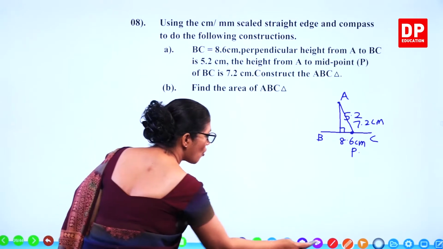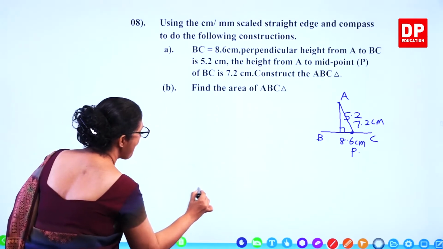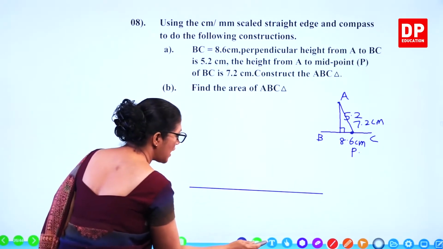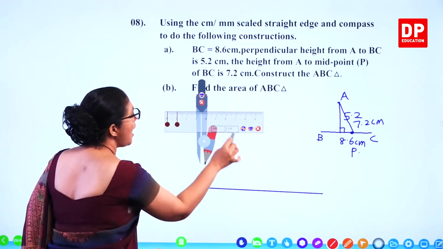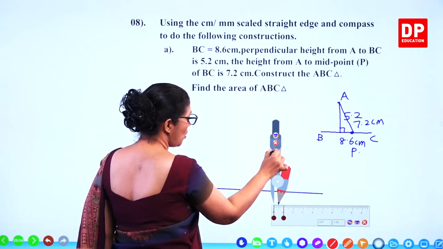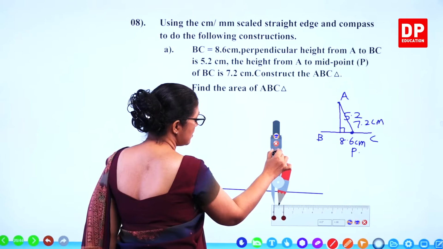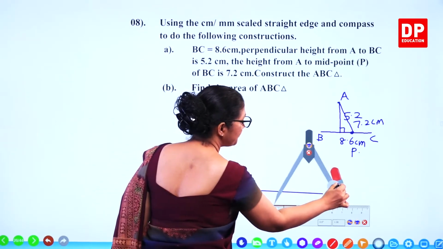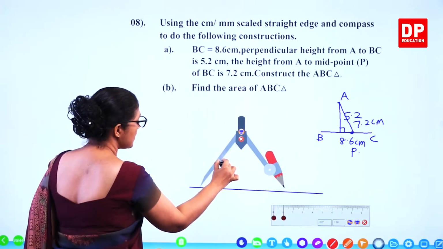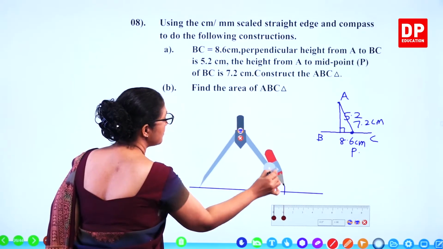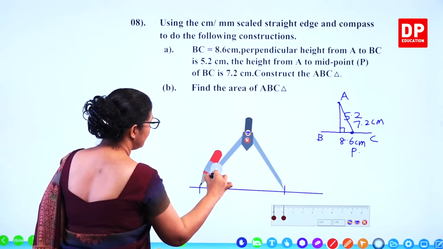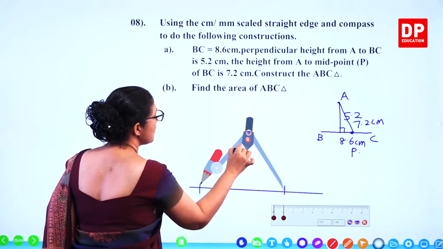So first let's draw a line. That's this line. So we have to measure 8.6. So take the compass and the ruler and measure 8.6 centimeters because first thing we have to measure 8.6 and mark B and C. So you take 8.6 and mark the 2 points B and C. So that's the first step.